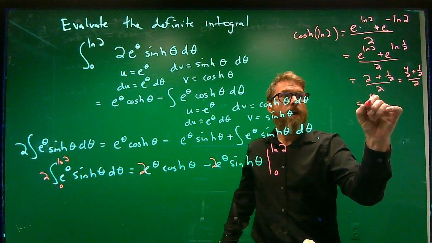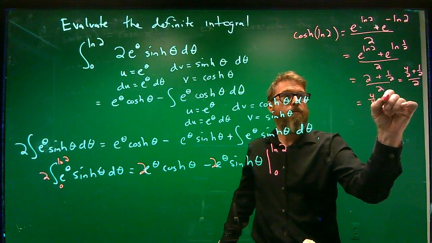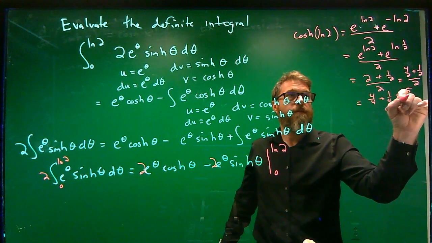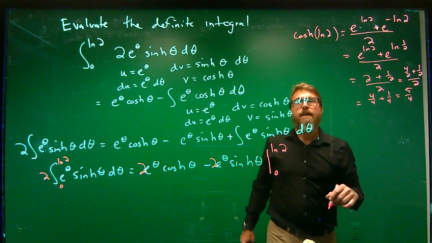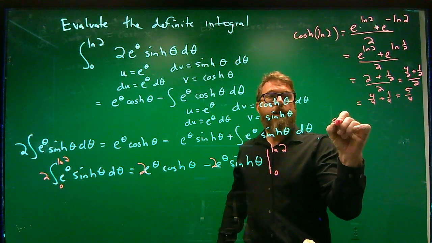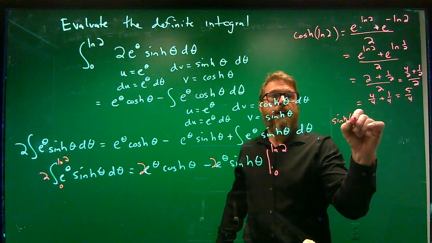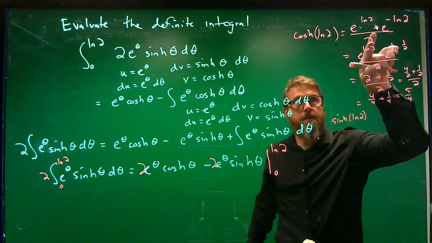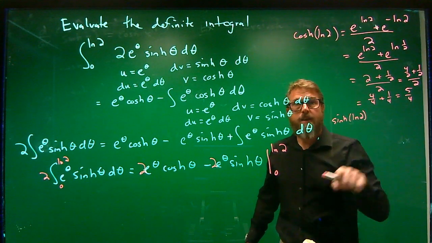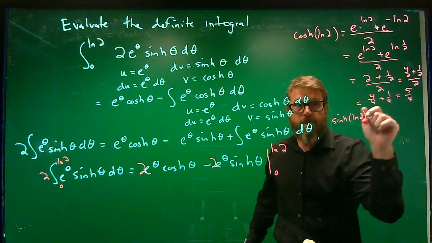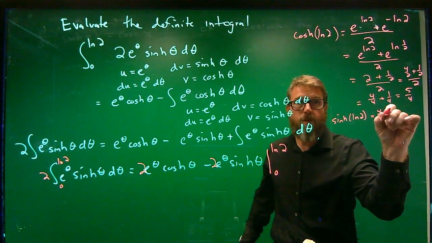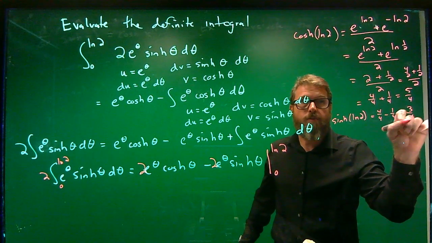So I'm going to have 4 over 4 plus 1 over 4, which is equal to 5 over 4. Now, without doing all the work, I know the hyperbolic sine of the natural log of 2 is exactly the same expression, except there's a minus sign. So instead of this being plus, this is going to be minus. So this is going to be 4 over 4 minus 1 over 4, which is 3 over 4.